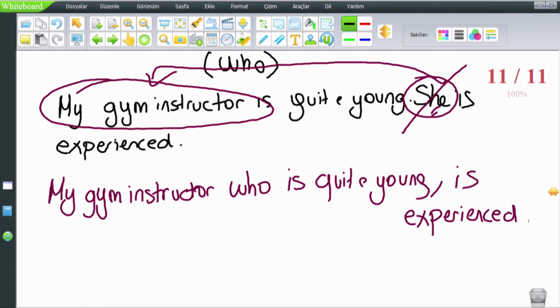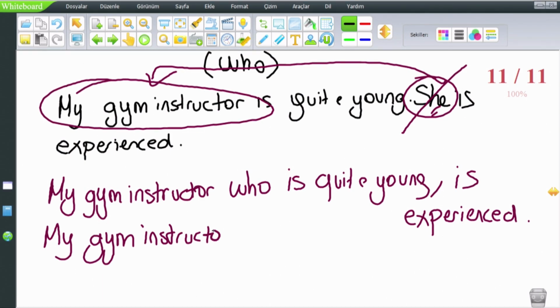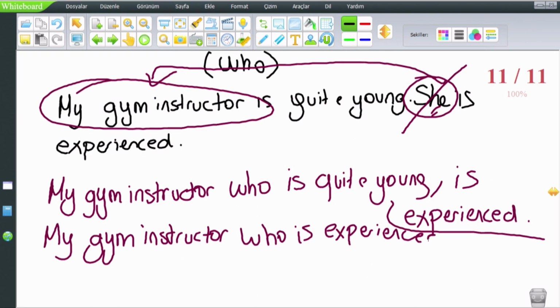Or if my main purpose of telling this sentence was the otherwise, I could say my gym instructor, who is experienced, is young, is quite young. So again, it changes from time to time what you are willing to tell with these examples.